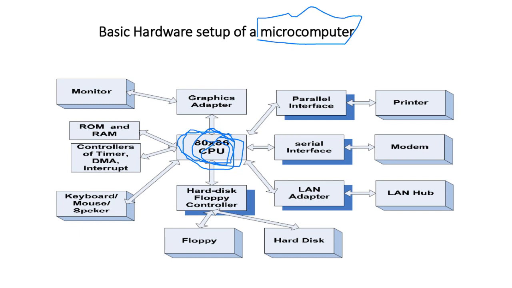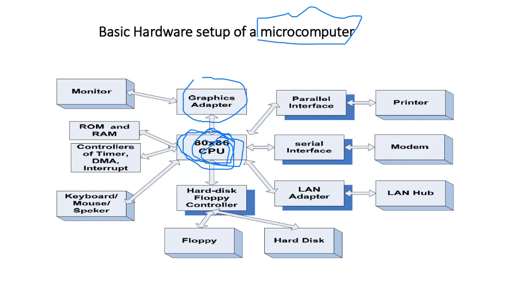So it needs some other hardware peripherals. For example, a graphic adapter is connected with the microprocessor. It is related to the monitor, because it helps to connect with the monitor.